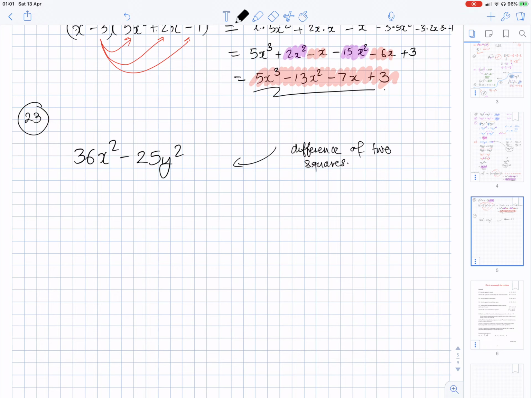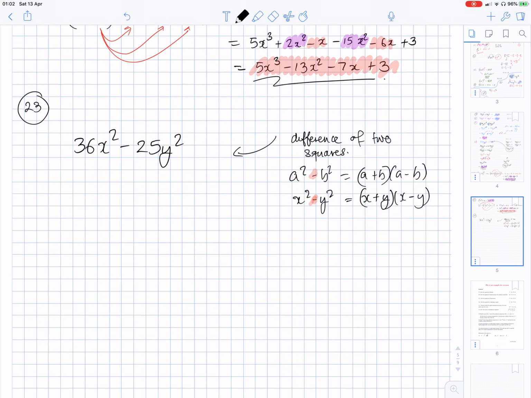It means that if I do a squared minus b squared, as a difference of two squares, it's a plus b, a minus b. If I do x squared minus y squared, it has to be a negative all the time. If this is a negative, then what I get here is x plus y, x minus y, always. Okay, and we can prove it.